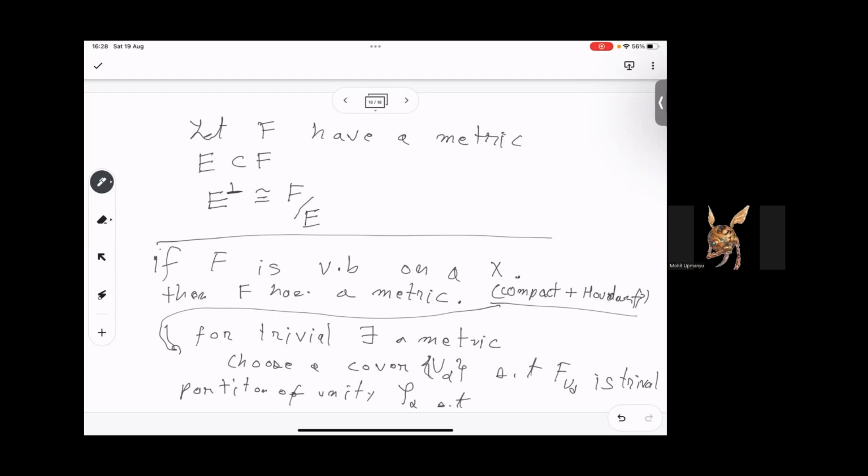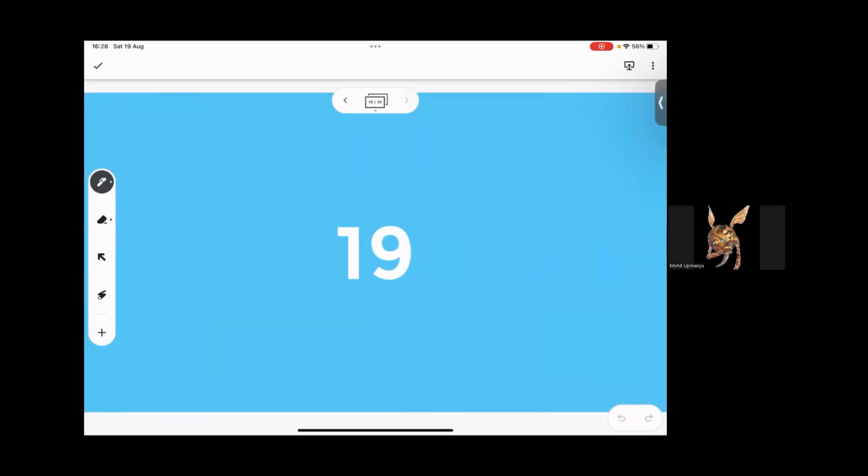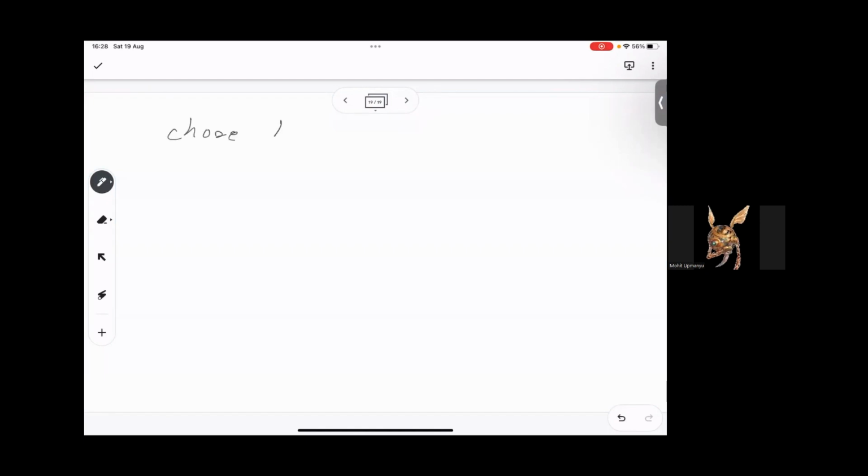I have 2 minutes and I'll finish this. Now that F is trivial on each U alpha, we can choose a Hermitian metric, called H alpha, for each one of them. Then the summation of rho alpha H alpha is a Hermitian metric.